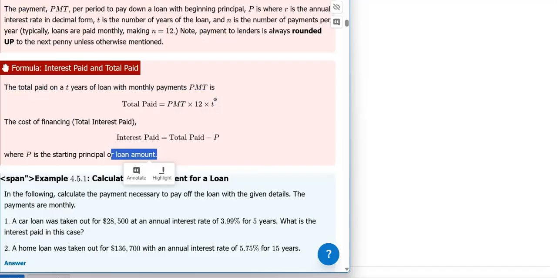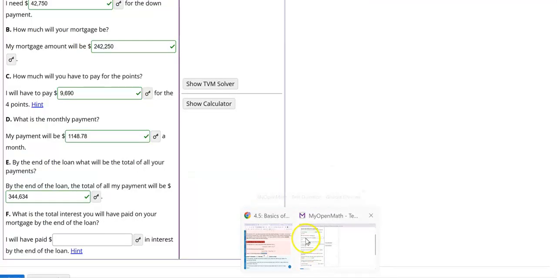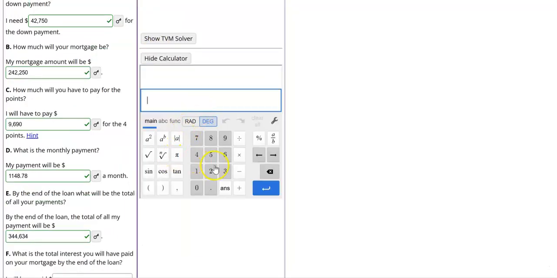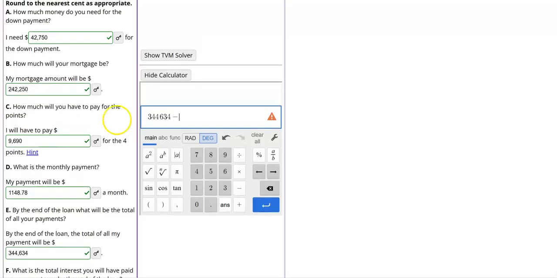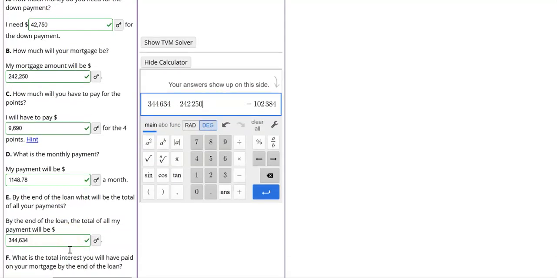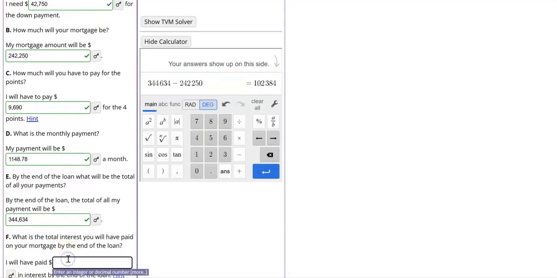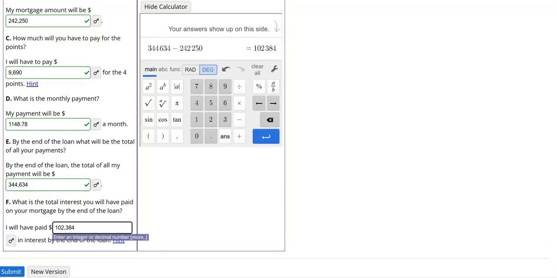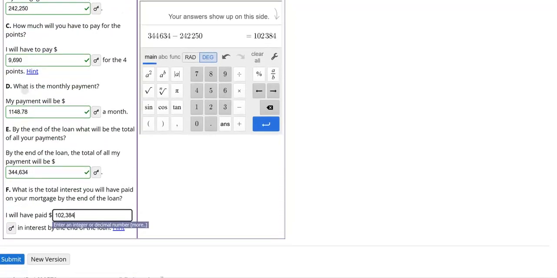Total paid is 344,634 minus the loan, which is the mortgage, 242,250. This gives you $102,384. That much interest you paid over 25 years of your loan.